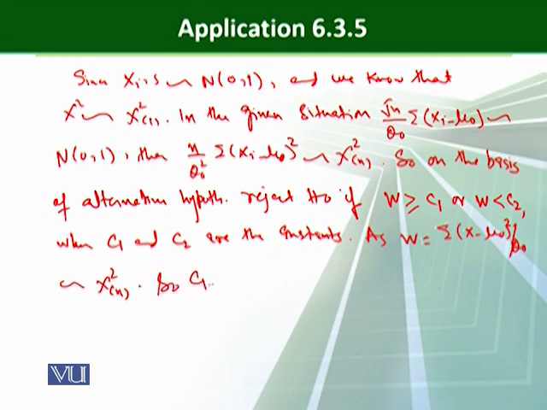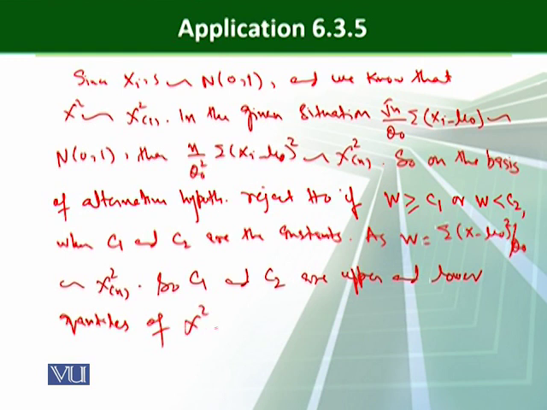So C1 and C2 represent the upper and lower quantiles of the chi-square with n degrees of freedom. So this is basically the rejection rule for this one.